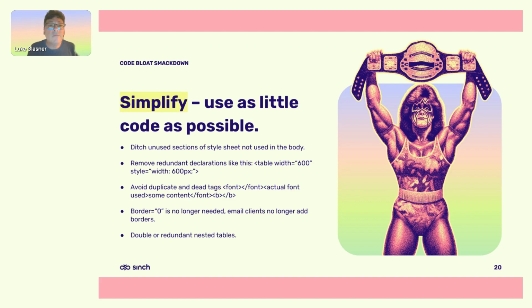And then the other thing to think about is repeatedly nested tables. Usually if you're coding it and writing your code yourself, you probably don't have too much of this; you see this more in editors. But think about the table structure and minimize it. You don't want a table within a table within a table within a table within a table within a table.